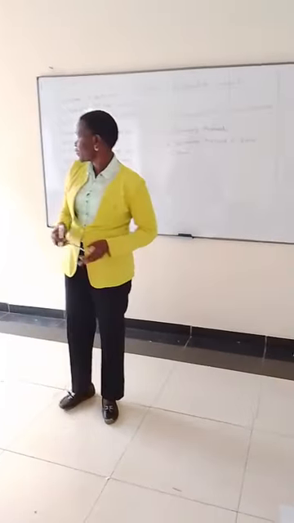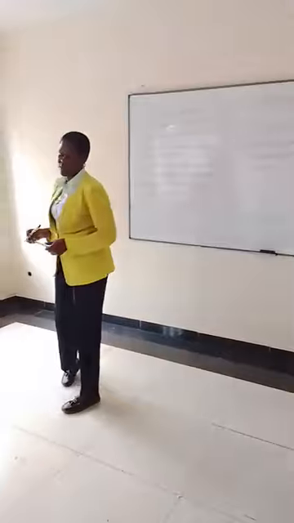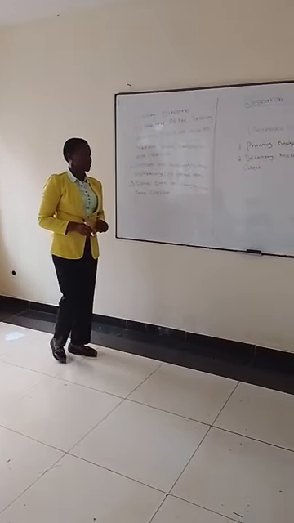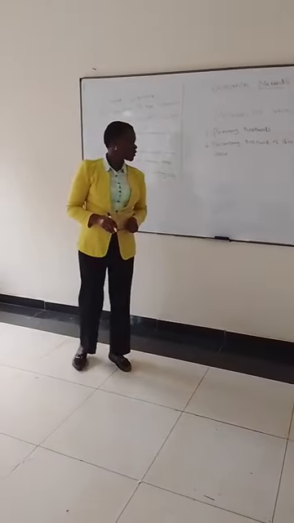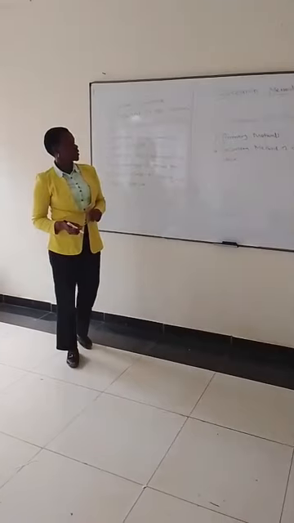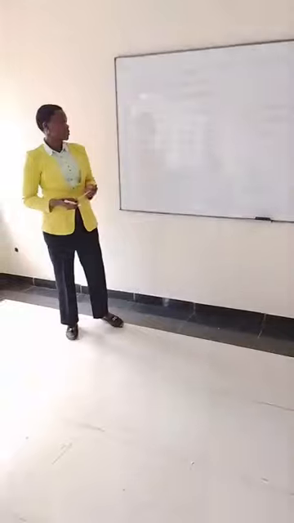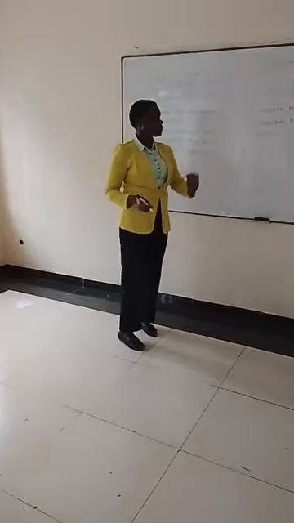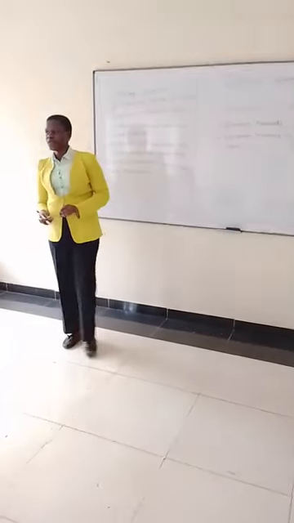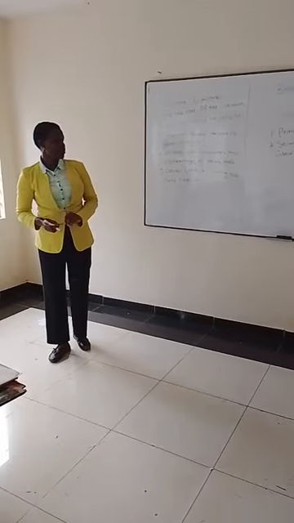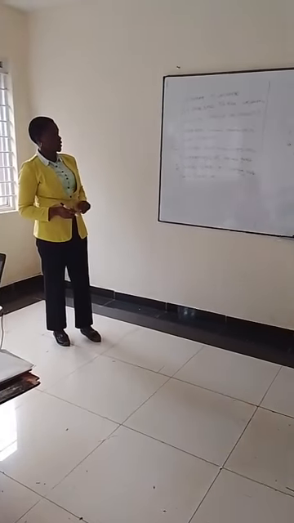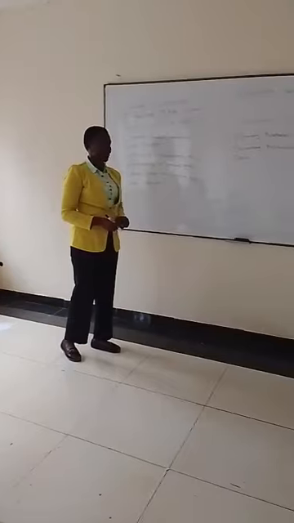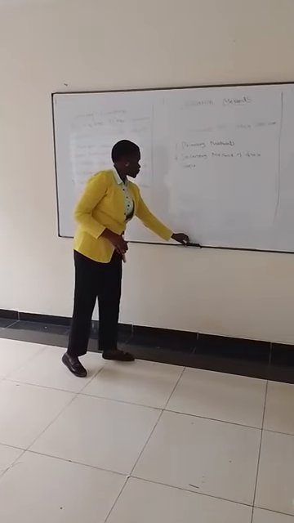It is the first-hand information that you get when you go to the field. When we say secondary, it means we are not getting it from the original source or first-hand information. So this information, we are getting it in various places. For example, when you go to the library, you read some books, and if somebody gives you the information of what he or she collected from the field, then that one is regarded as secondary method of data collection.